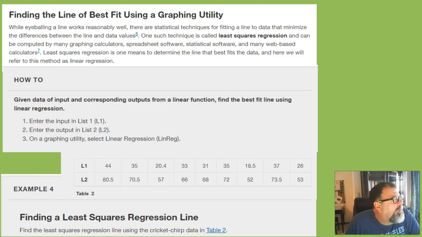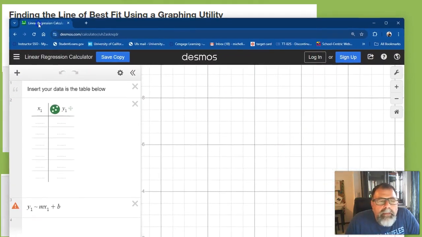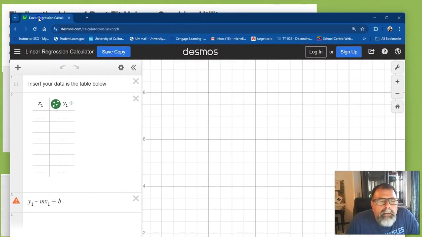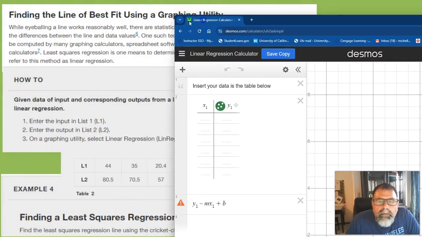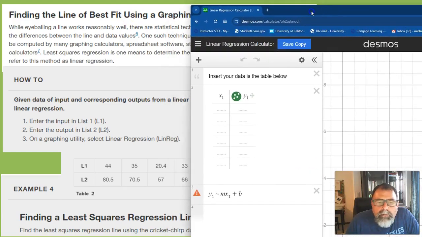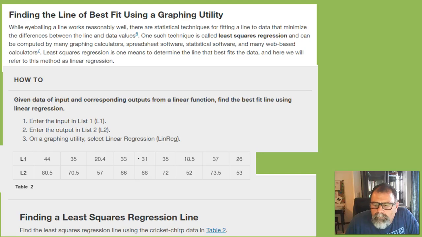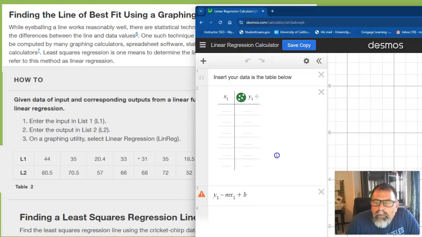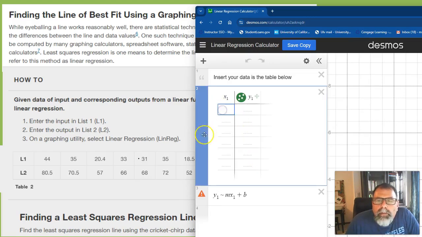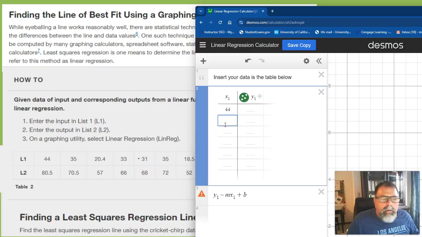If you just search Google for linear regression with Desmos, it should pop up. Somebody created the technique already. So here it is. I'm going to put in the numbers from that table. So we're going to put in X1: 44, 35, and so on.